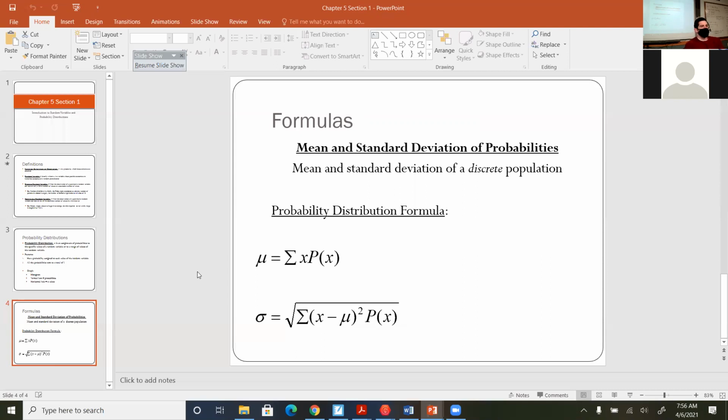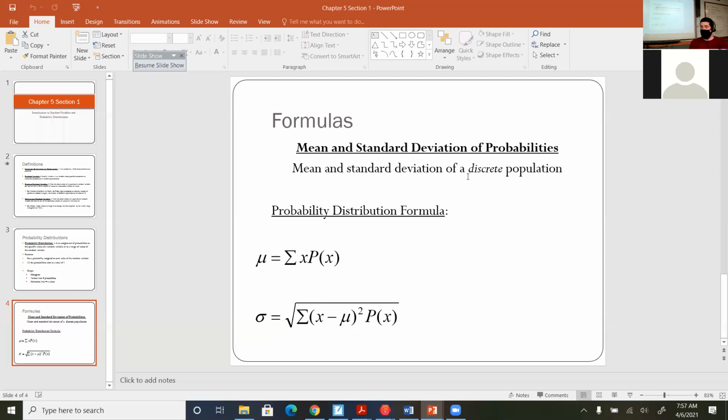But these are the mean and the standard deviation of a probability distribution, of a discrete population. So these are when we know the concrete outputs and there isn't another way of interpreting the variable.